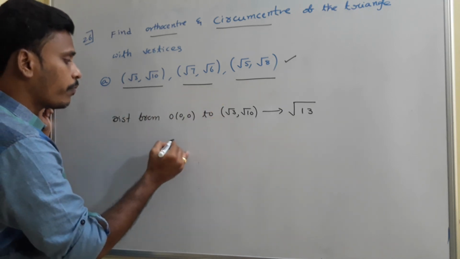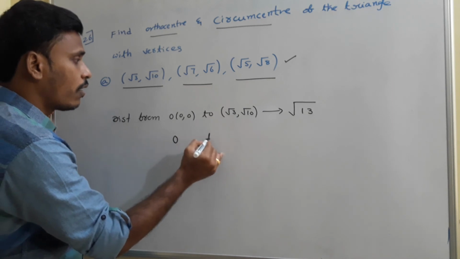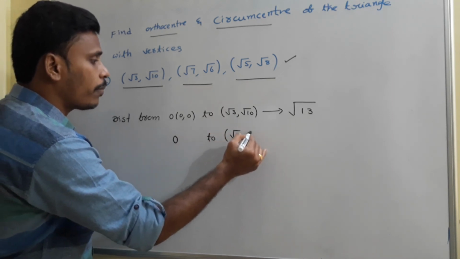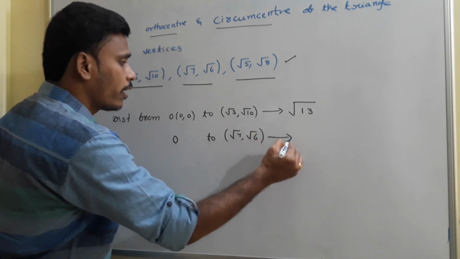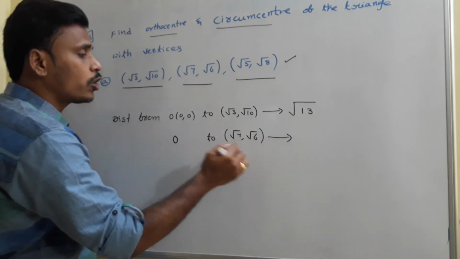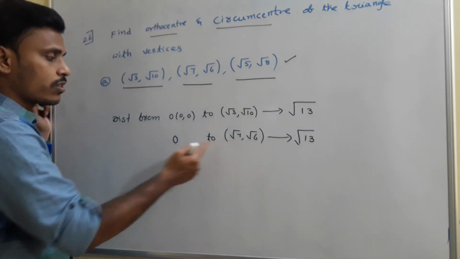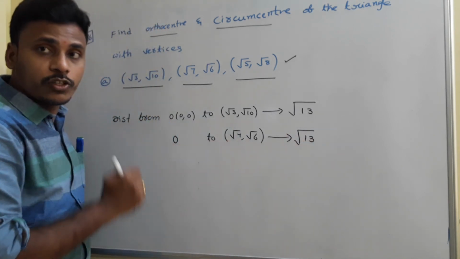In the same way, I will calculate the distance from the origin to the point (root 7, root 6). This time it is again root 13: root 7 minus 0 whole square and root 6 minus 0 whole square.